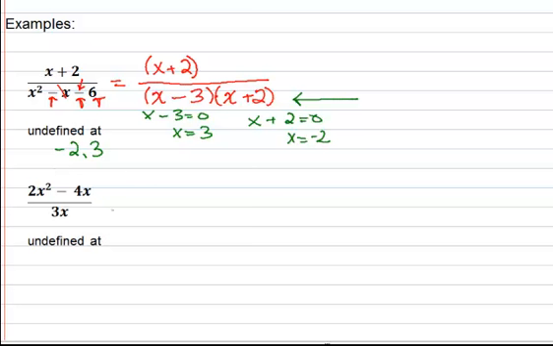So let's go ahead and take a look at this next one. Again, we see if we can factor anything. The numerator in this case can be factored. We've got a greatest common factor there. So we take that out. When we take that out, we're left with x minus 2. And then the bottom has the 3x. So again, remember that it doesn't matter what's in the numerator. All that matters is what's in the denominator.